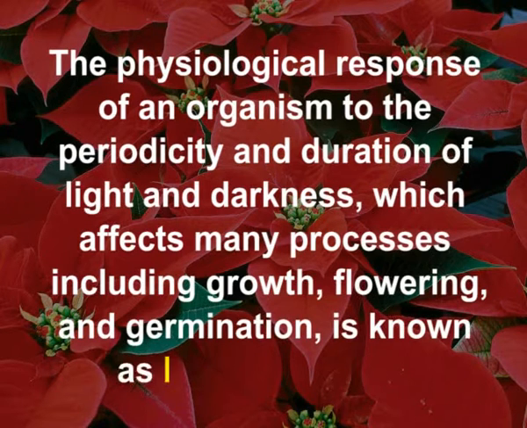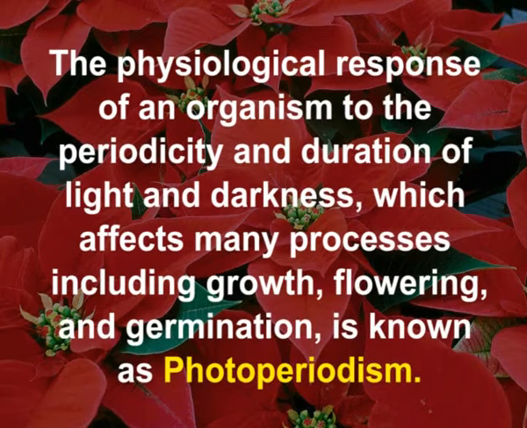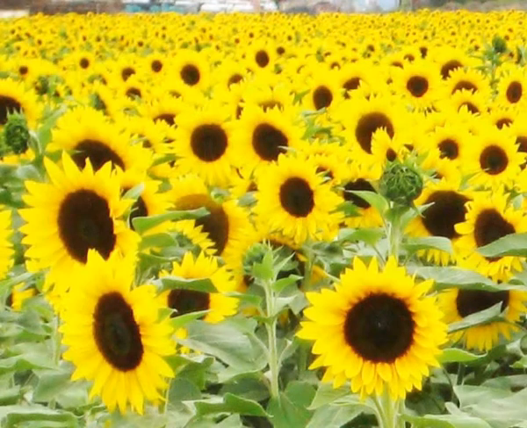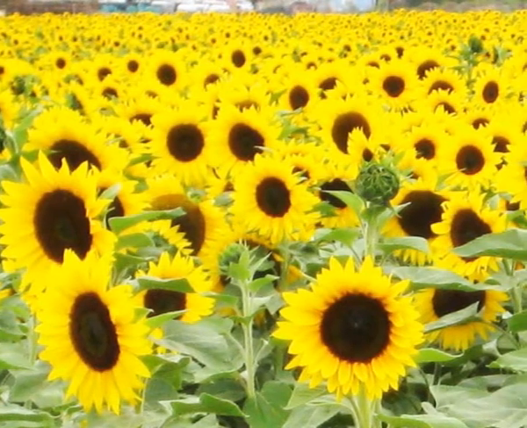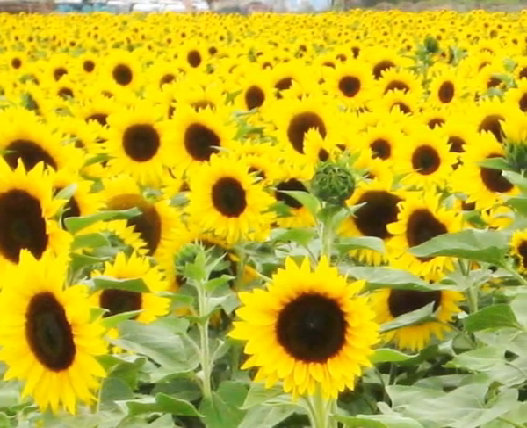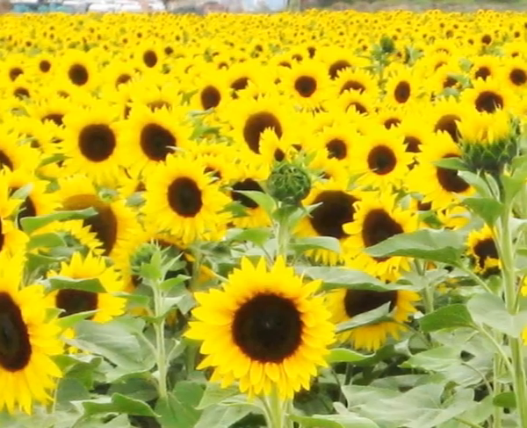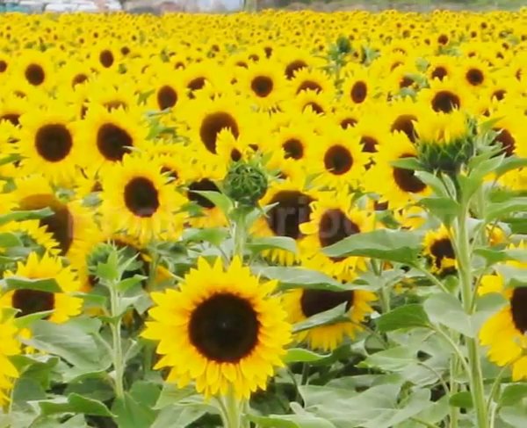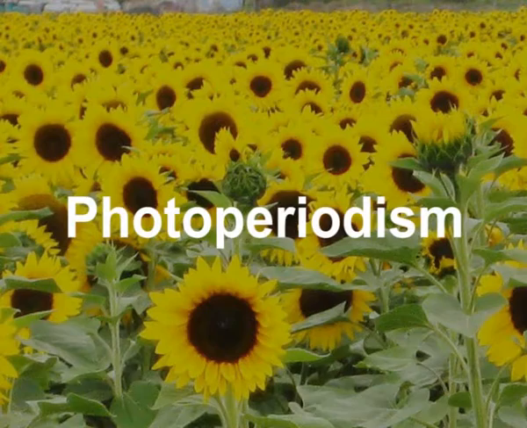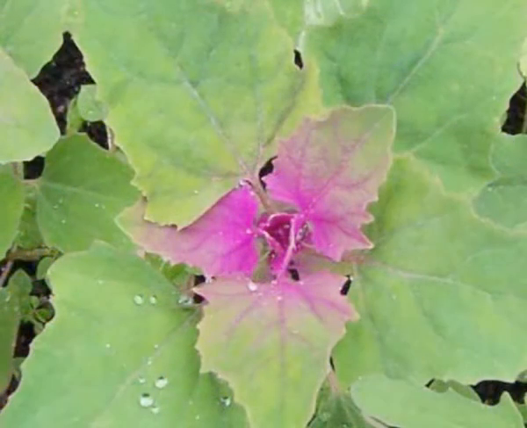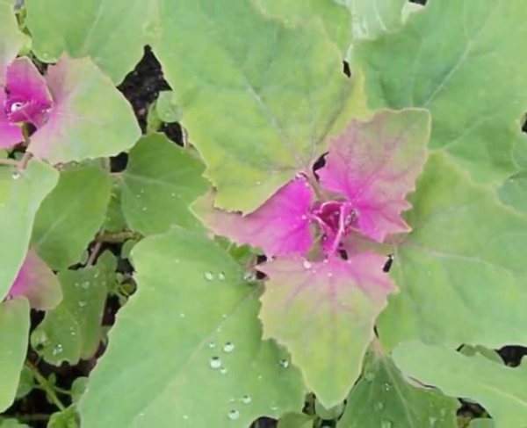So, in simple words, it means that flowering in certain plants depends not only on a combination of light and dark exposures, but also on their relative durations. This response of plants to periods of day and night is known as photoperiodism. The sites of perception of light-dark duration are the leaves.